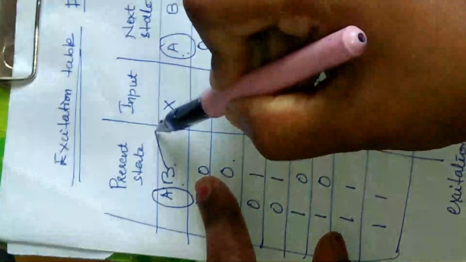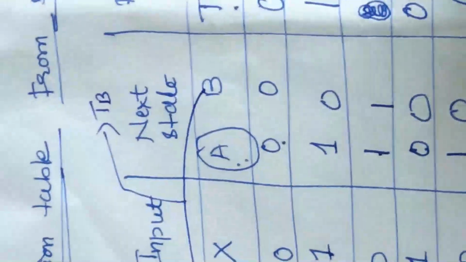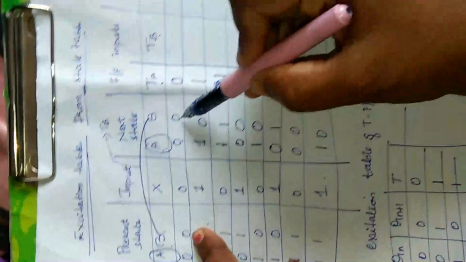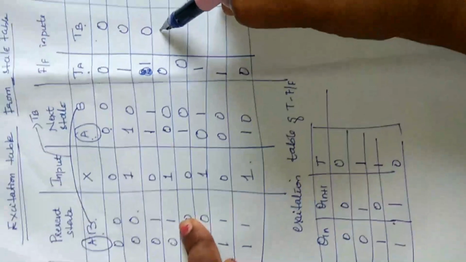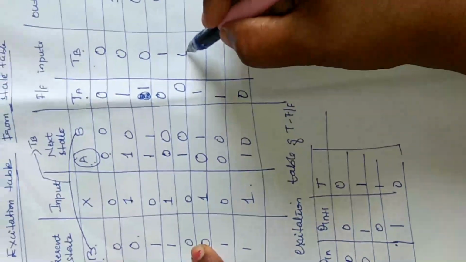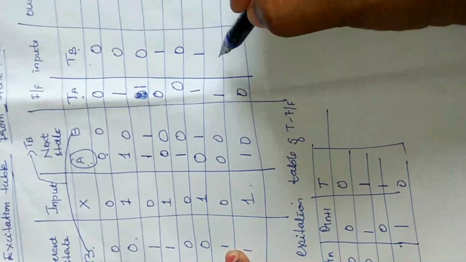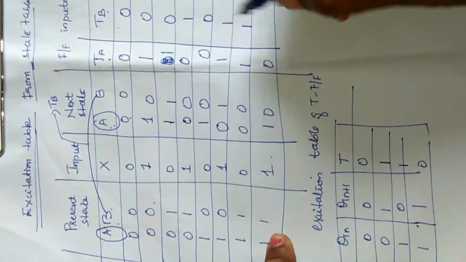Next, how do I fill up TB? By using the B input of the present state and the B input of the next state. These two give me my TB, correct? Now you can keep your fingers on the columns so that you don't get confused. So 0, 0 gives me a 0, 0, 0 gives me a 0, 1, 1 gives me a 0, 1, 0 gives me a 1, 0, 0 gives me a 0, 0, 1 gives me a 1, 1, 0 gives me a 1 if I'm not wrong, and 1, 0 gives me a 1.